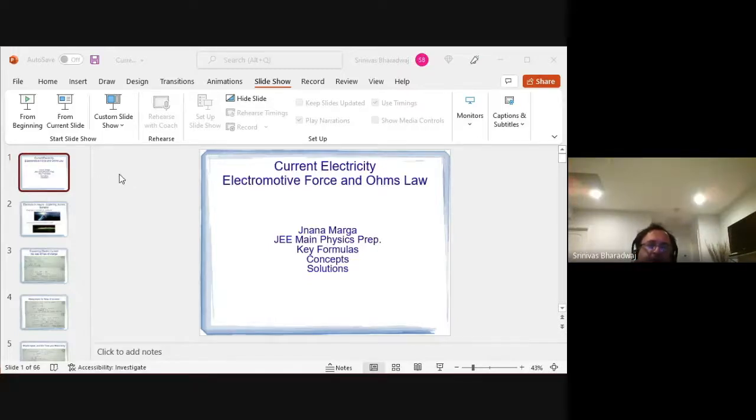The power is 10. 10 equals V square by R, so V equals square root of 10 times 5. 10 is the power, resistance is 5, therefore 10 times 5, square root of that is 5 root 2. 5 root 2 is the voltage.